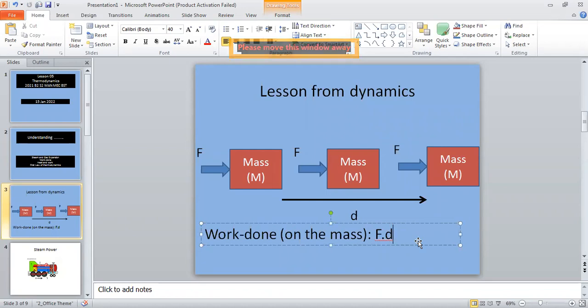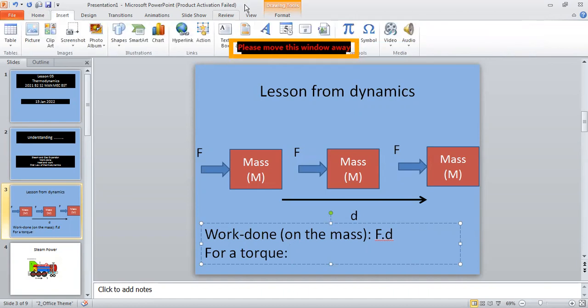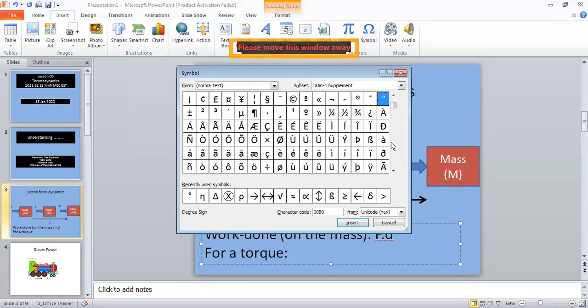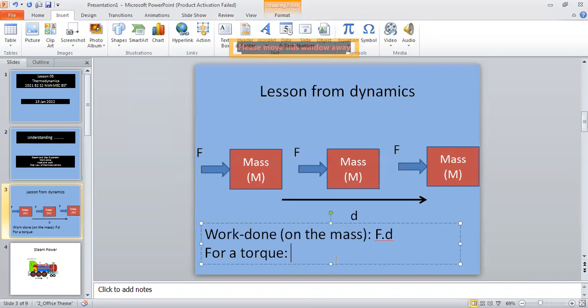This is for a linear force. For a torque, meaning turning effort, you may notice that work done is torque, the turning effort, times angular displacement.